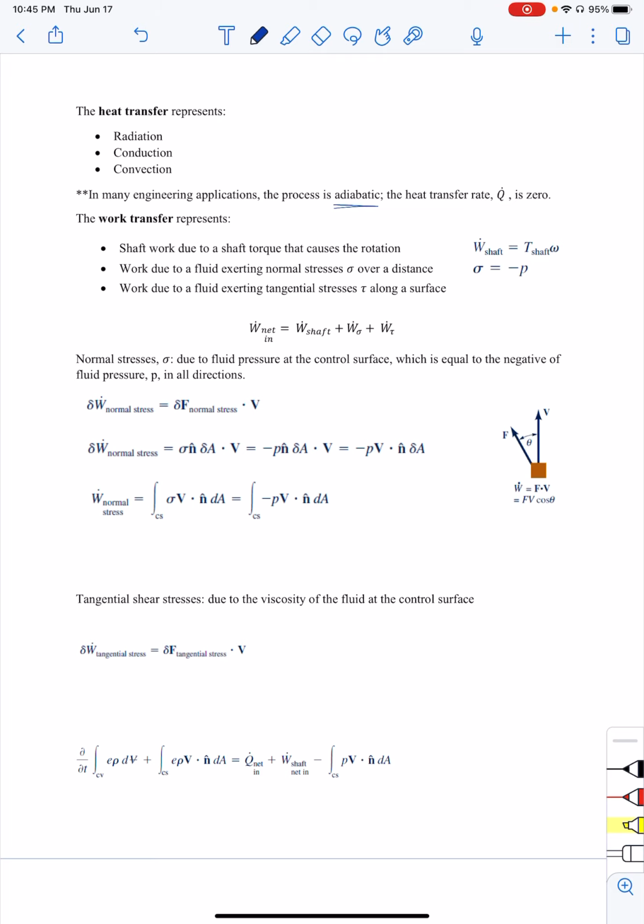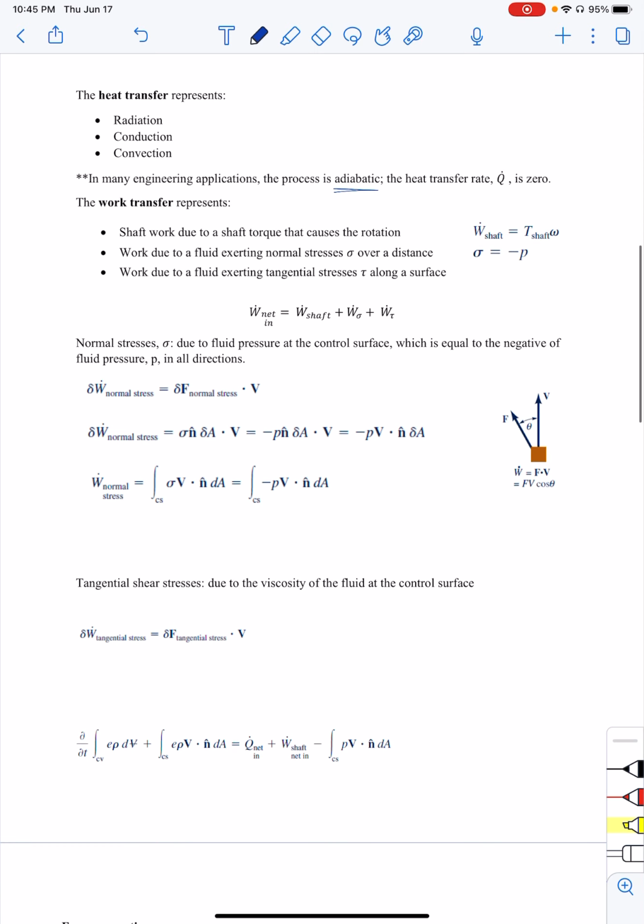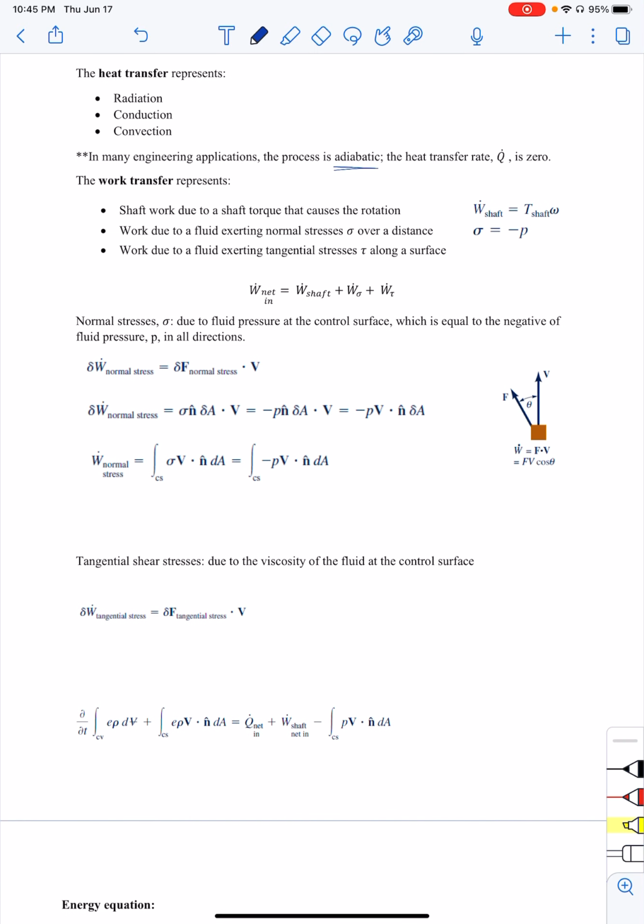And then the work contributions include the shaft work. For example, we have a rotating shaft in which the power transfer, which is W dot shaft, is related to the shaft torque that causes the rotation, T shaft, and the angular velocity of the shaft omega, right?